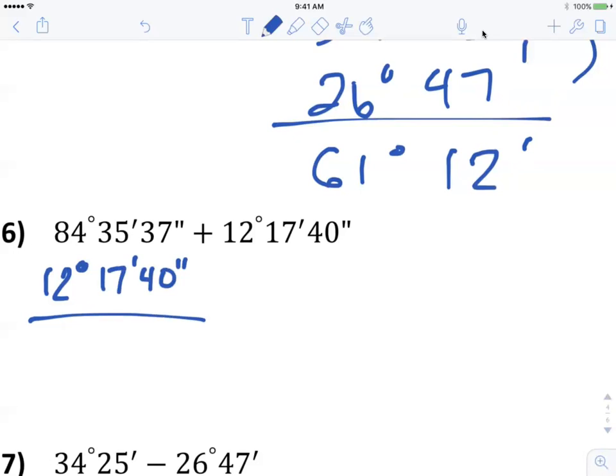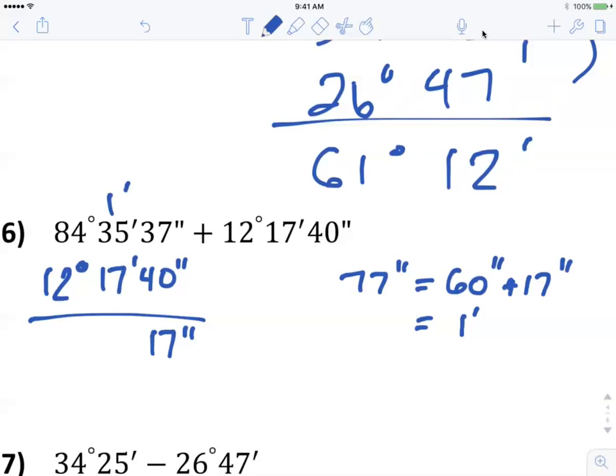If you want to do some scratch work over here, 77 seconds is 60 seconds plus 17 seconds, right? Break out a 60, which is 1 minute. So I'm going to put 17 seconds and carry the 1 minute to the next column.